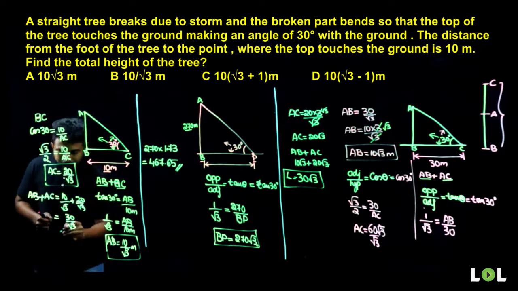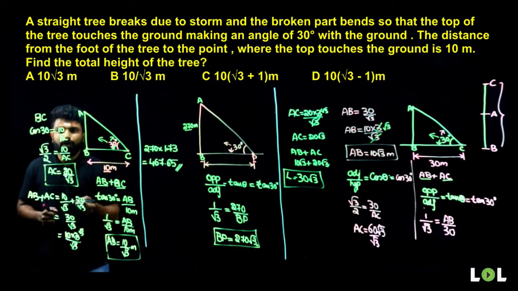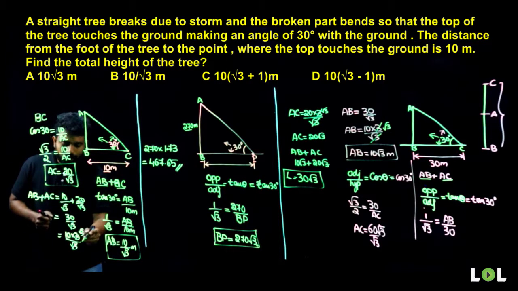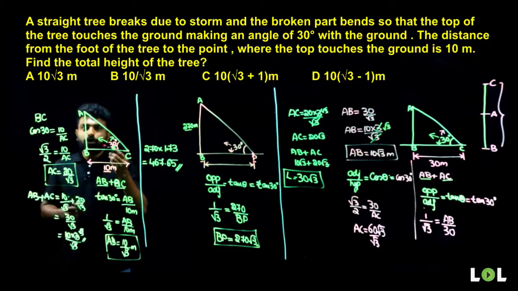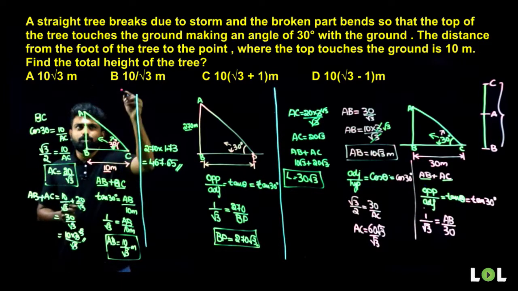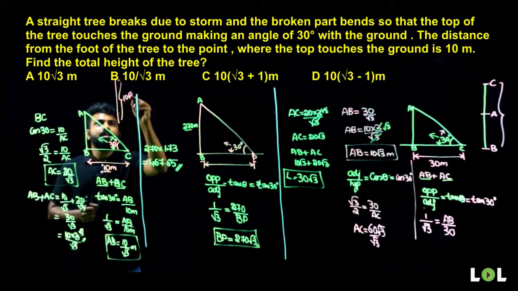No. So what do I need to do? How can I write my 30? I can write 30 as 10 into 3 divided by root 3. Now if I cancel these out, what will I be left with? I'll be left with 10 root 3. So do we have that in our options? Yes. Option A, 10 root 3, will be my final answer. So the total length of my tree here will be 10 root 3 meters.